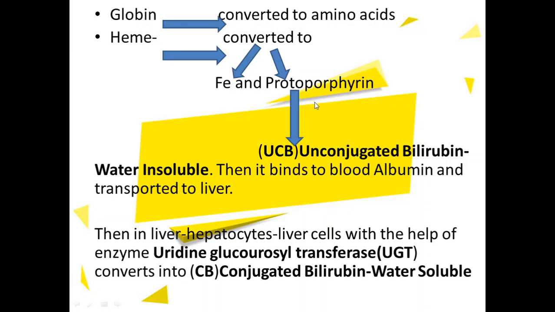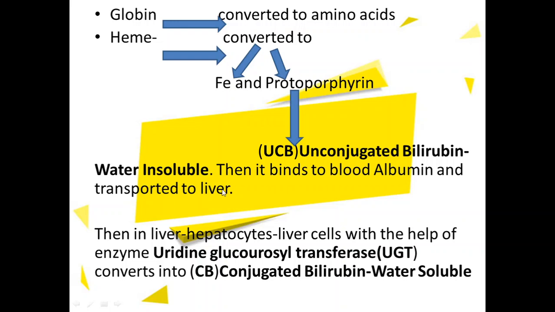Now this protoporphyrin gets converted into unconjugated bilirubin, which is generally water insoluble, so this binds to the blood albumin, and blood albumin takes it and gives it to liver.